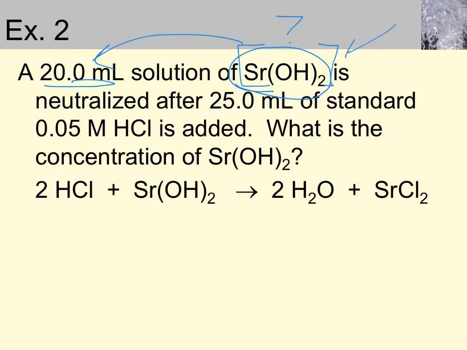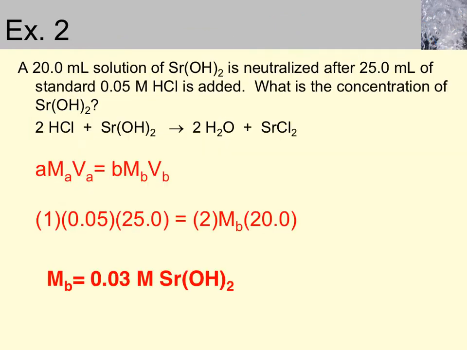Okay, so it's going to be our analyte. And we know since it's a base, it's going to react with an acid, so we're going to select 0.05 molar hydrochloric acid to neutralize it and reach the equivalence point. So what is then the concentration of the sample of strontium hydroxide?